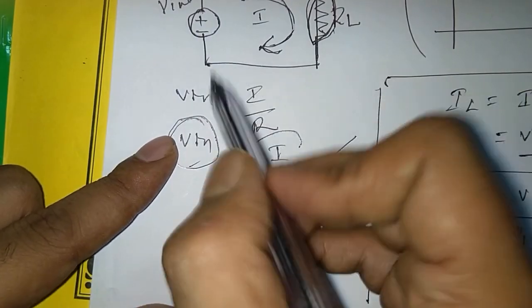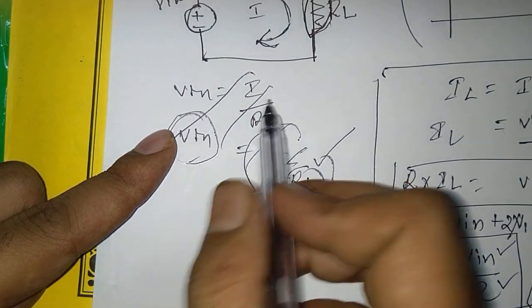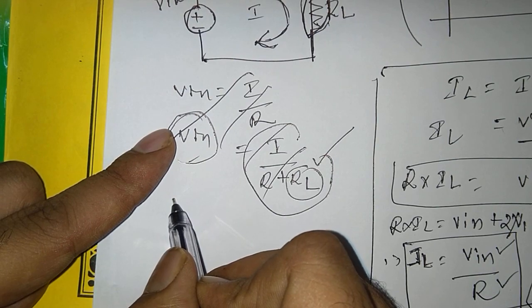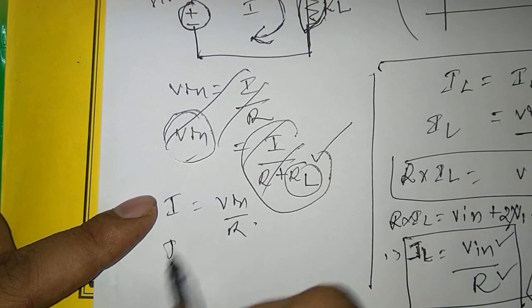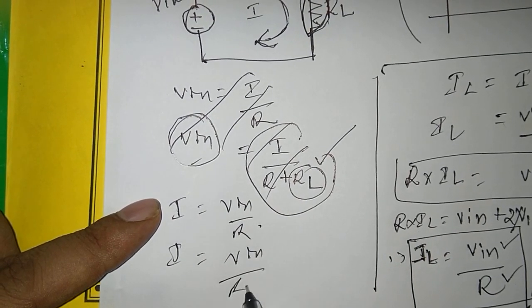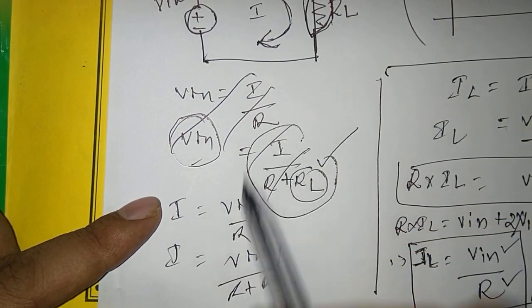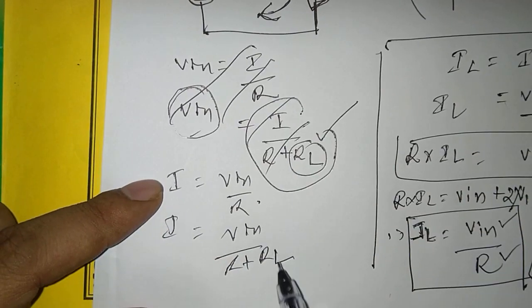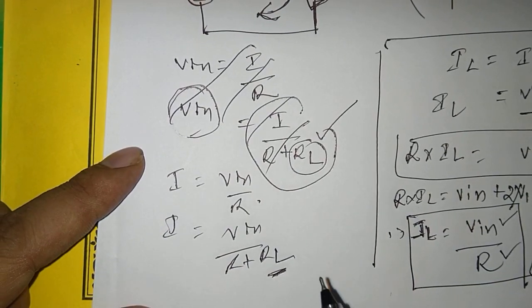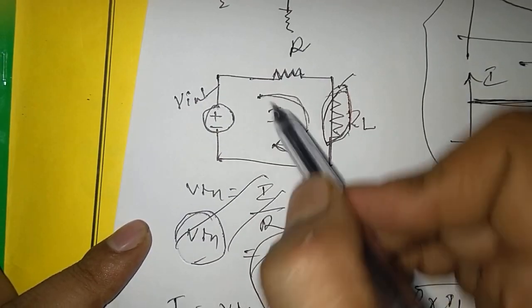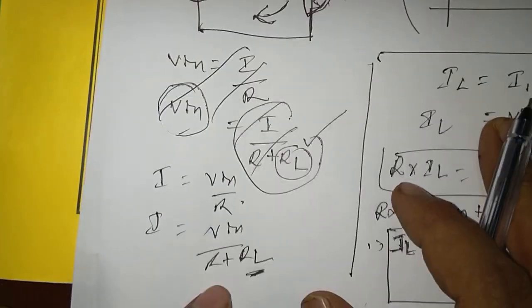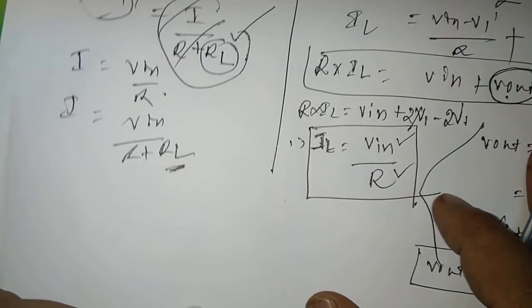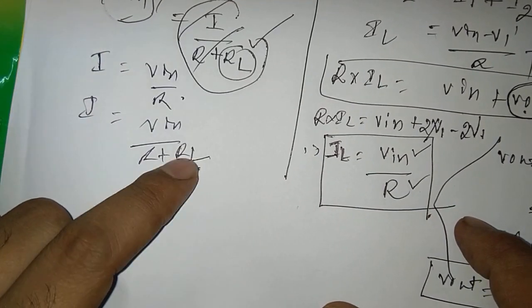Sorry, it's only a small change. I is equal to V input by R, and I is equal to V input by R plus RL. I have made a mistake, I am sorry. So here, this type of circuit is called a passive circuit, there is no use of op-amp, and it is dependent on RL, therefore it is getting affected.